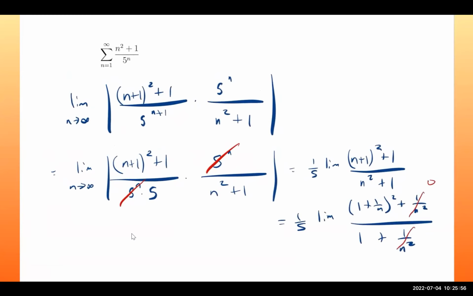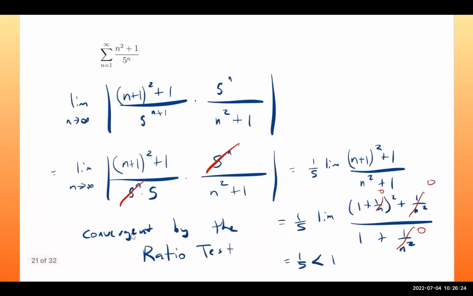These terms will approach 0, so you're going to end up with 1 squared divided by 1, which is 1. 1 times 1/5 is 1/5, which is less than 1, which means it is convergent by the ratio test. And that does it.